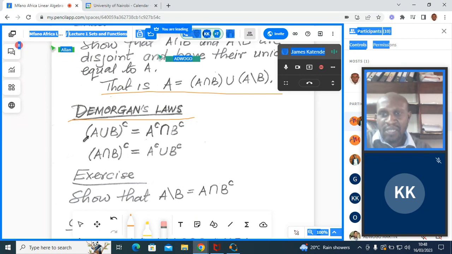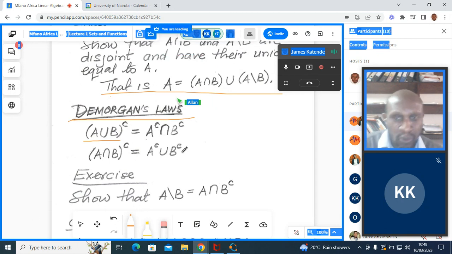So De Morgan's laws simply say if you have the complement, I've not defined this. Let me make a definition quickly before we proceed. So suppose I have a universal set like this.